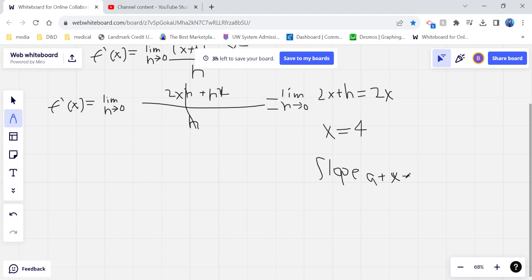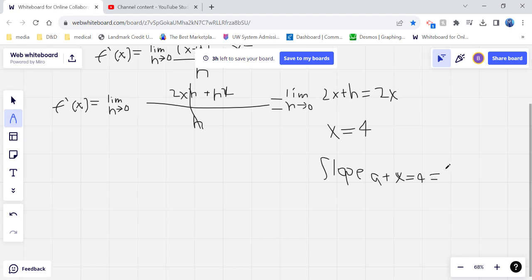So the slope of f of x at x equals 4 equals 2x. So 2 times 4, or 8.